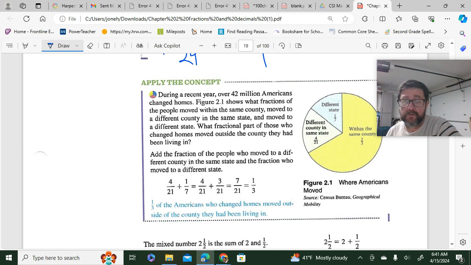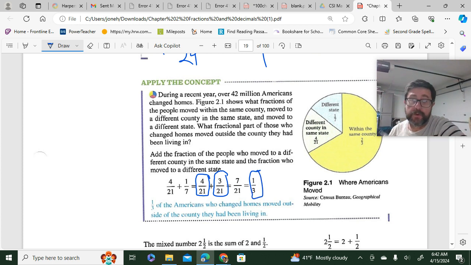So it's still going to be 4 over 21, which we have right here, plus we make the 7 times 3 to get it to go to 21. So we multiply the 1 by 3. So we have 3 21s, which would equal 7 over 21, which they reduce right here to 1/3.